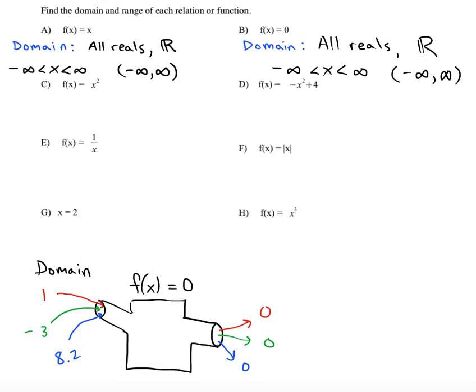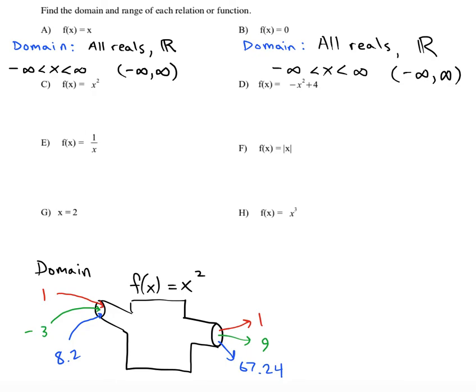All right, how about f of x equals x squared? We're going to multiply each input by itself. So 1 times 1 makes 1. -3 times -3 will actually take away the negative, it'll become +9. And 8.2 times itself is 67.24.